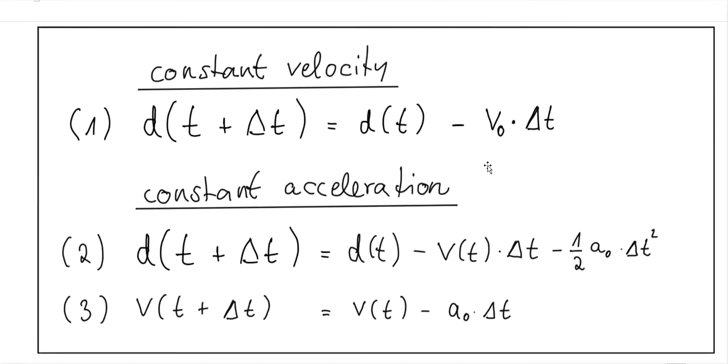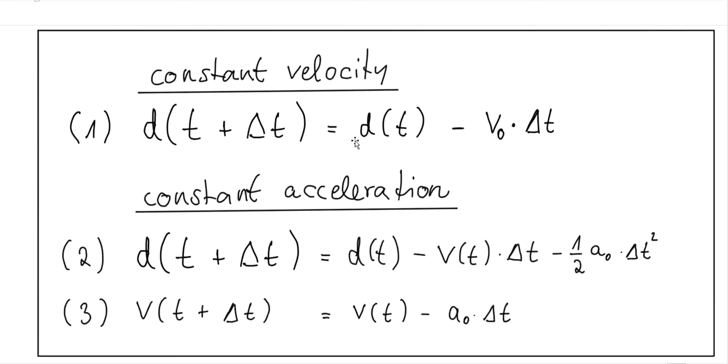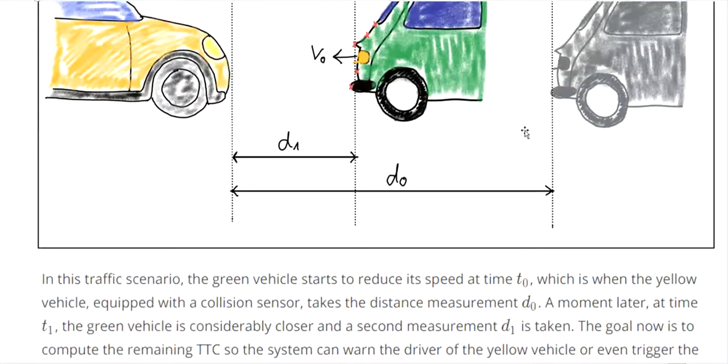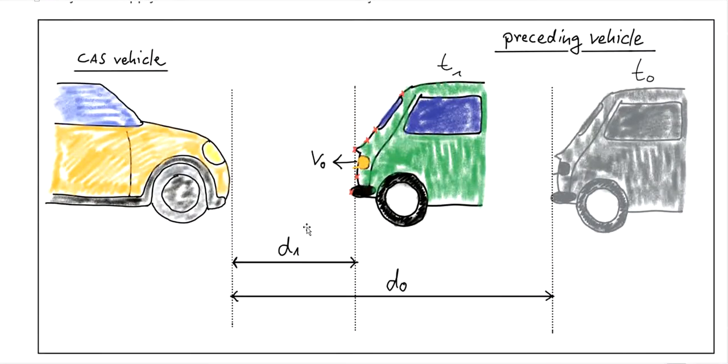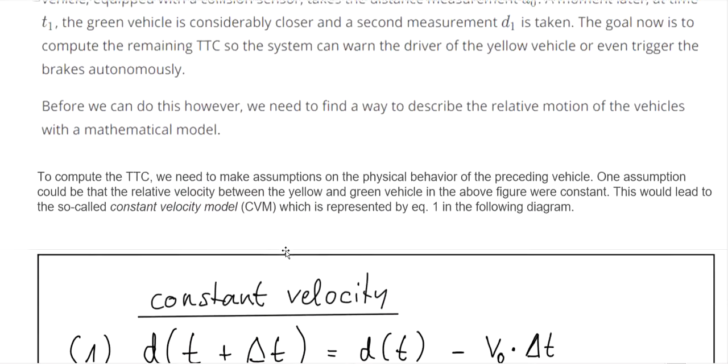In physics, you already know the distance after delta t equals the distance at time t minus the distance traveled in delta t. It means you know the distance from the yellow car to the green car at time t equals 1. After the green car moves delta t, from here to here, we subtract this distance from the one at time t0 to get d1.